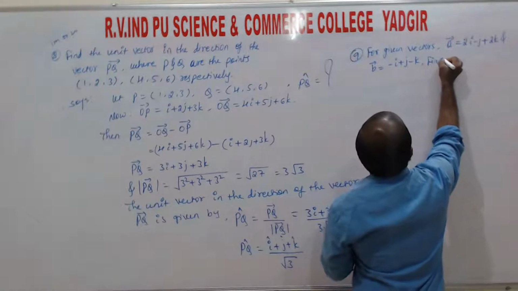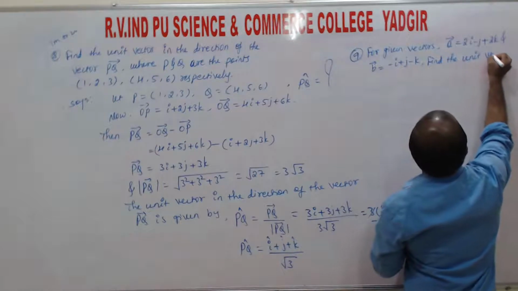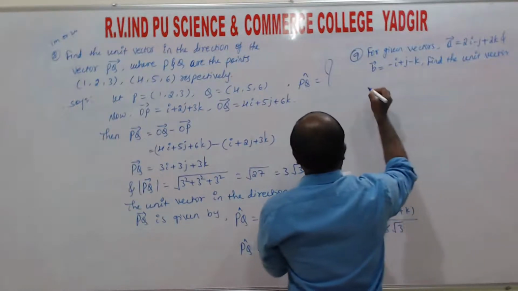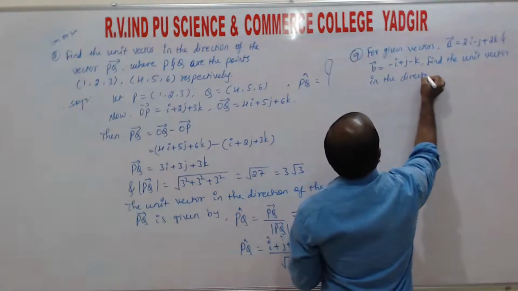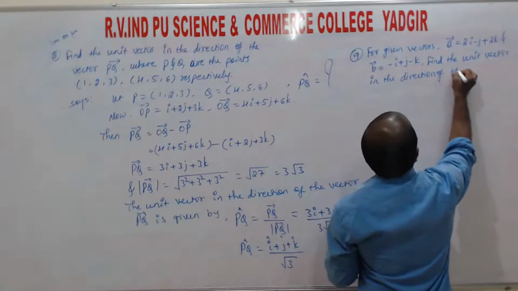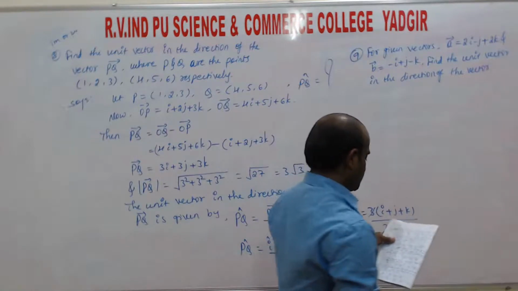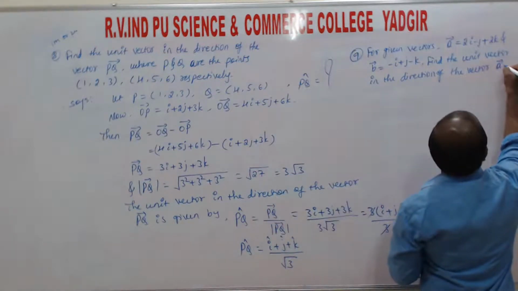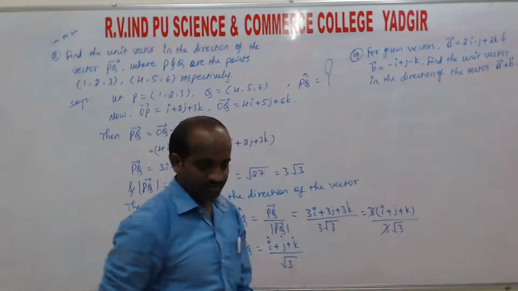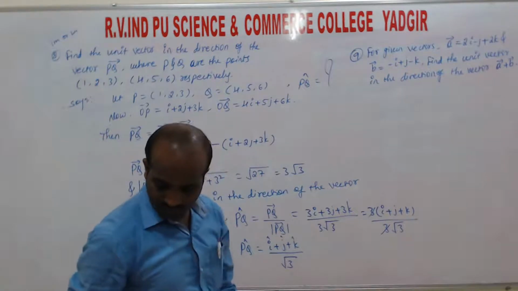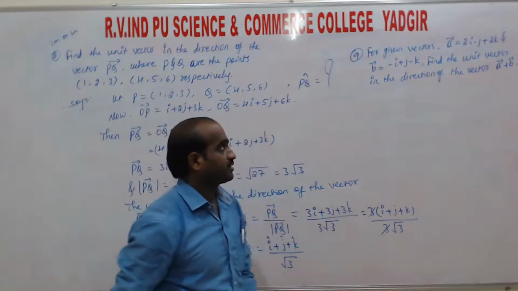Find the unit vector in the direction of the vector A vector plus B vector.